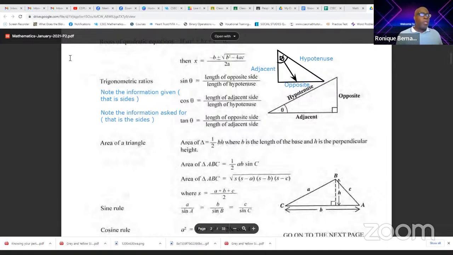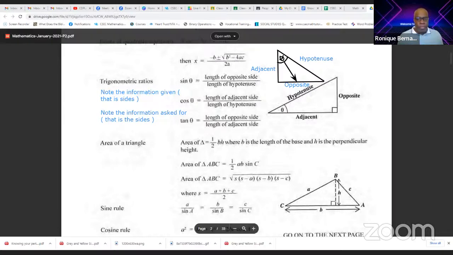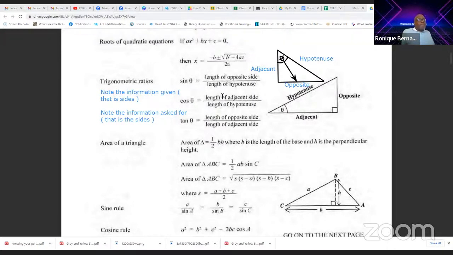You're going to use it. Just in case, write off these trig ratios in the notebook or whatever you have in front of you. Let me know when you finish writing it off.